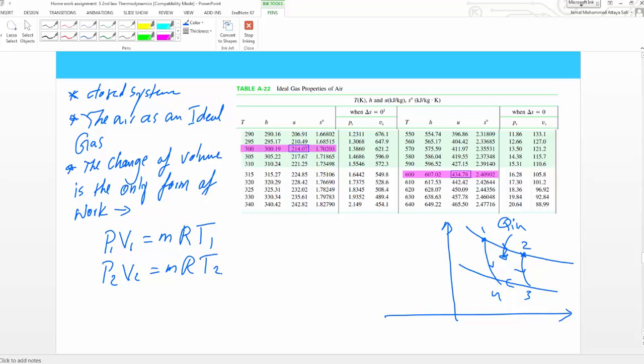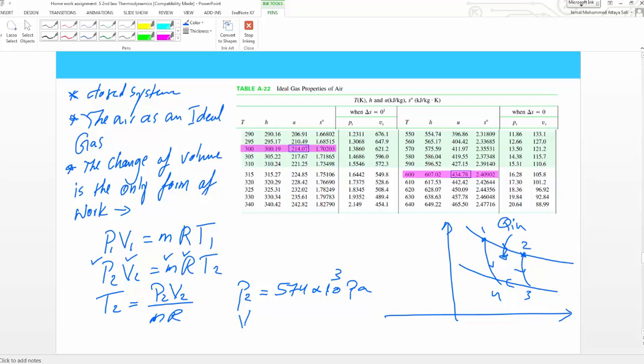Now, depending on the type of information that you have, that of course helps you to calculate the unknowns. Look here, this is constant, and this one is given, and this one is given in the problem, which means that I can find T2. So T2 can be calculated as P2 V2 divided by m R. And remember, P2 is 574 kilopascals, divided by Pascal conversion.